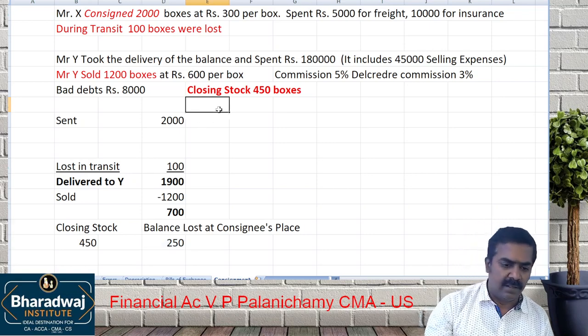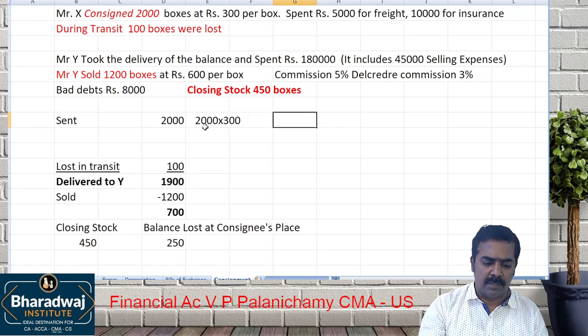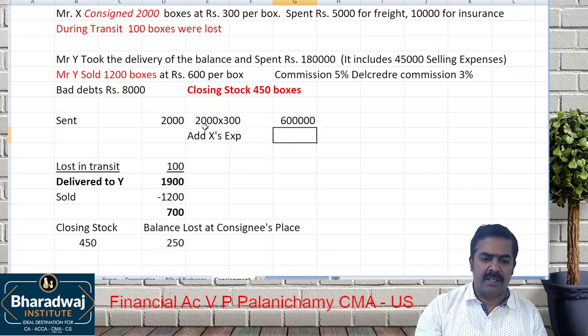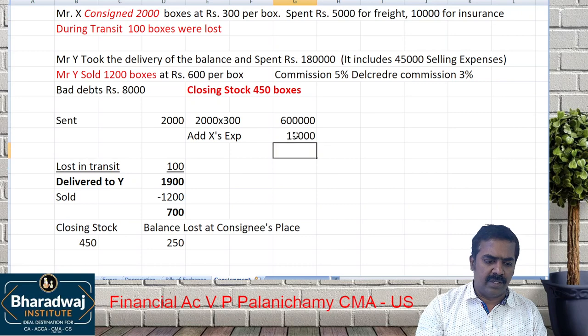Please listen. What is the value of these 2000 boxes? 2000 boxes into 300, that comes to 6 lakhs. Add consignor's expenses, the expenses he has incurred: 5000 for freight, 10,000 for insurance. How much has he spent? 15,000.